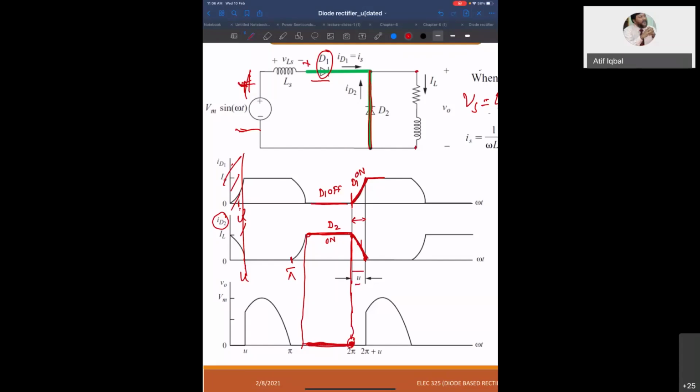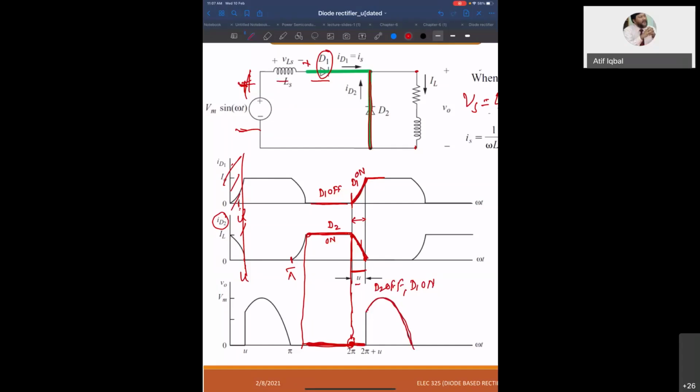Also, D2 is on from here to here, so the output voltage is still 0. When D2 is off and D1 is on, then the full source voltage will come across the load. Of course, there is some voltage drop in the inductor, but this will be the output voltage.